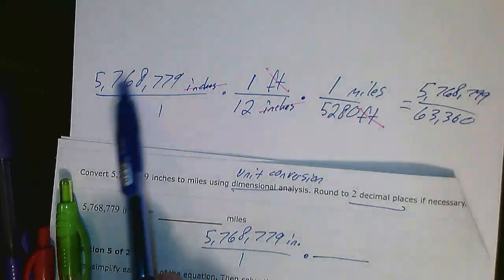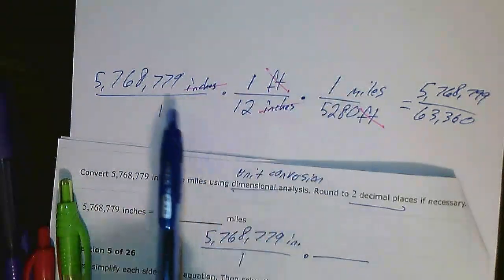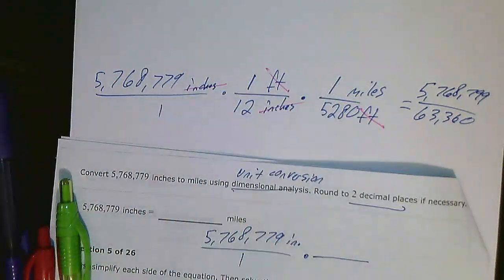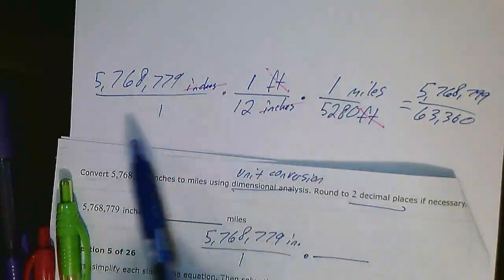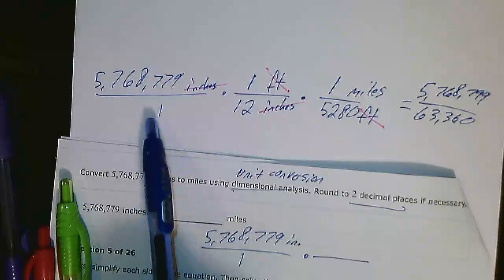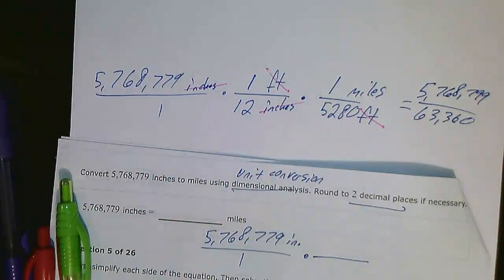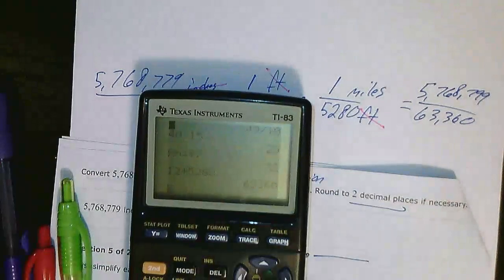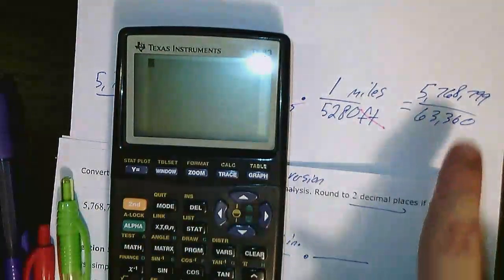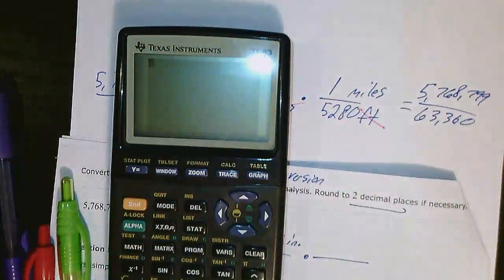Again, multiplying fractions, we go top times the top, bottom times the bottom. So this 5 million times 1 times 1, 1 times 12 times 5,280 is 63,360. And so, finally, this is what we need to divide.